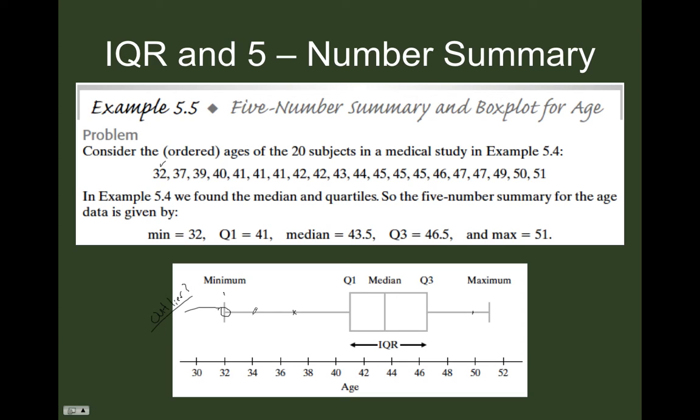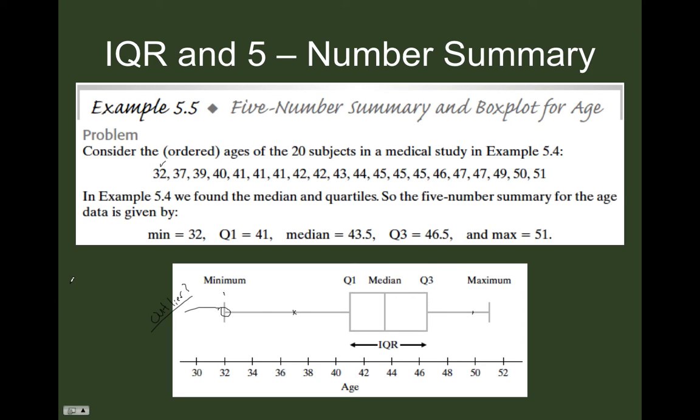And what is an outlier? Well, an outlier is a data value that's very different than the other data values. There isn't necessarily a hard and fast rule to define what an outlier is, but there are some calculations we can do. In fact, the book uses a formula known as 1.5 times the IQR.